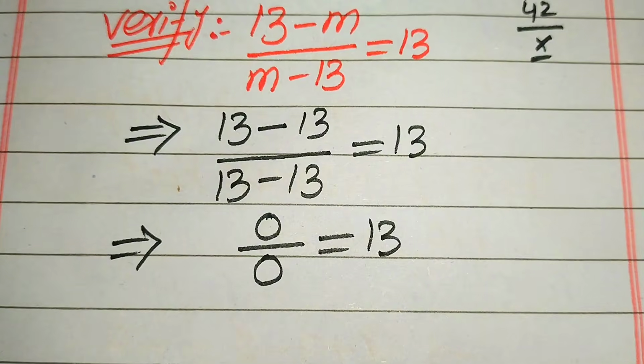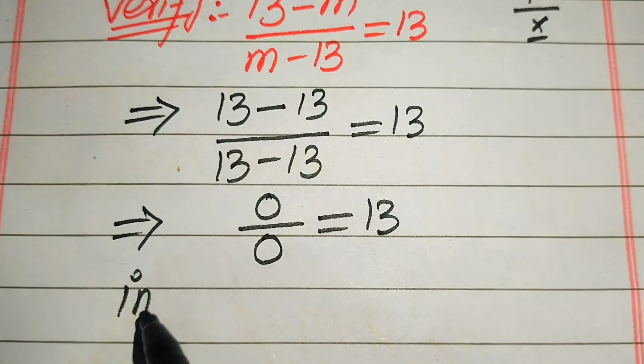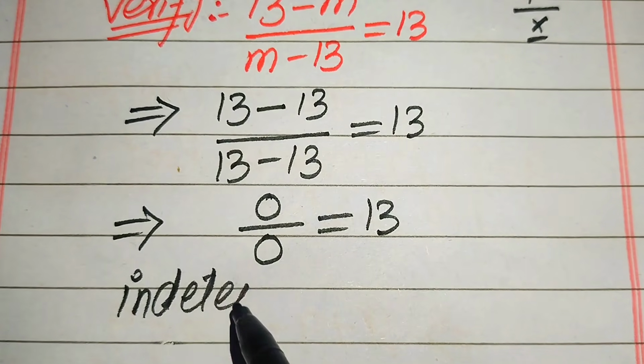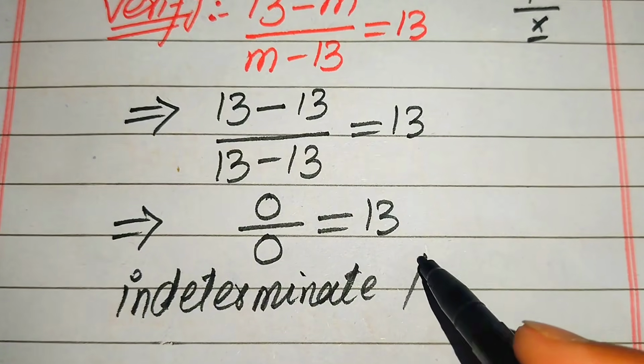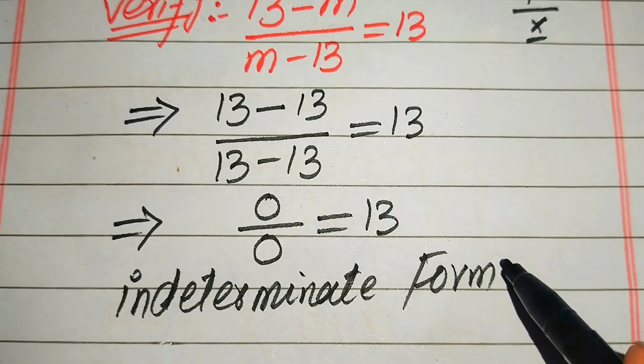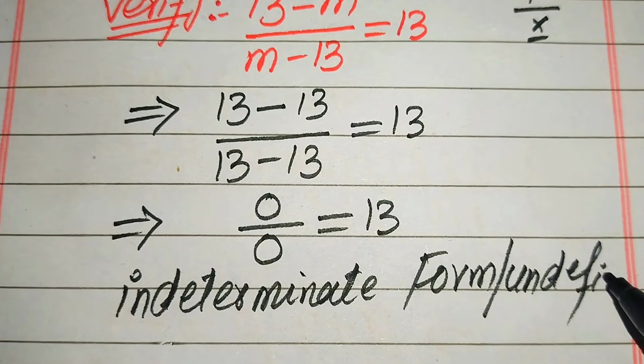You very well know that 0 over 0 form is usually called the indeterminate form, or in other words we say that it is the undefined form.